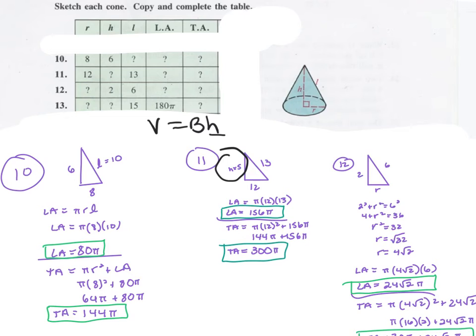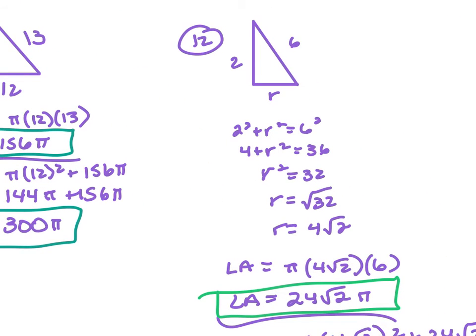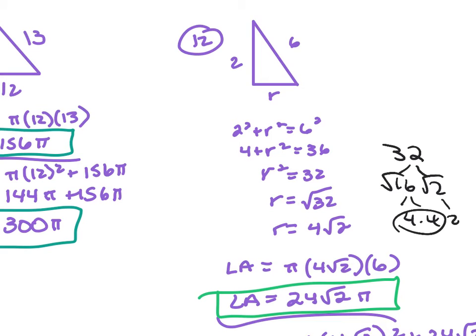Number 12, they're asking us to find the radius, the lateral area, and the total area. So again, they gave us height and lateral area. This time it was not a triple, so we actually had to do Pythagorean theorem, and we get 4 square root 2. So if you break down the 32, you could do 16 times 2, 4 and 4, and then a pair of 4s.